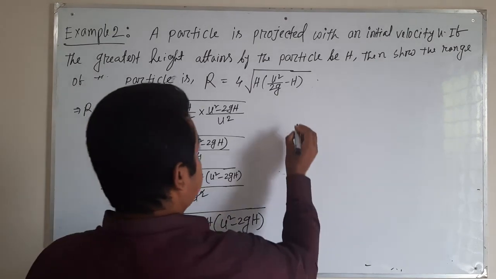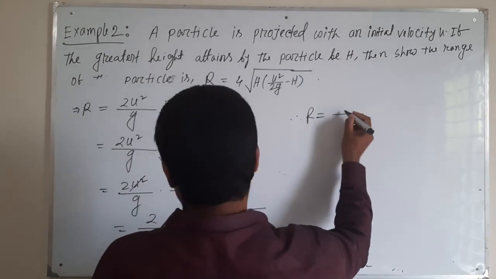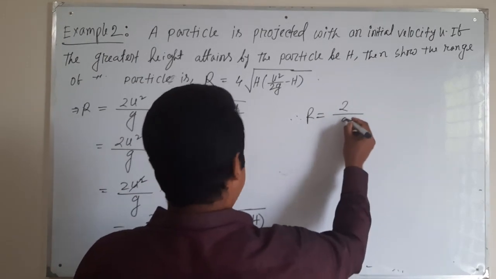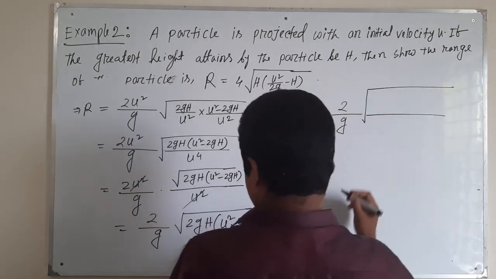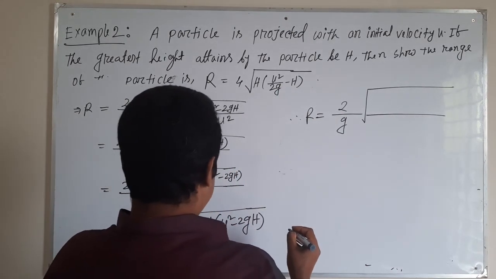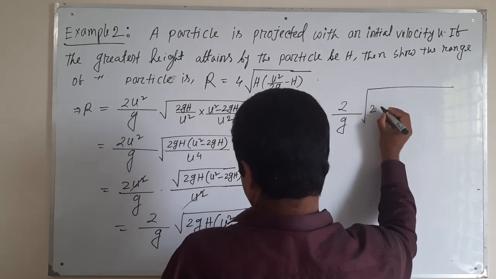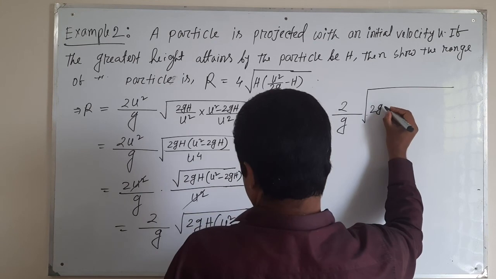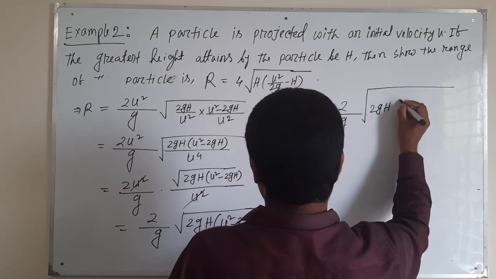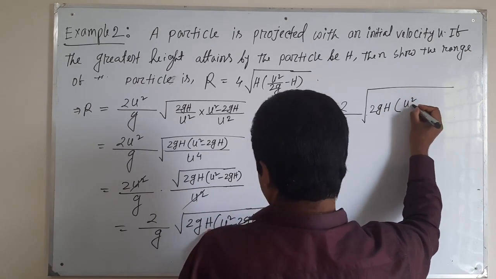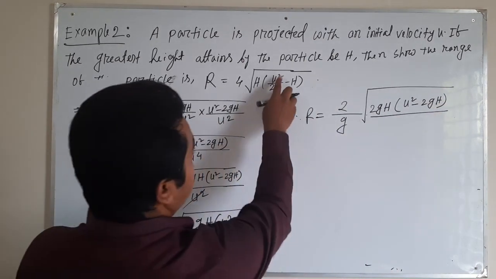Okay, so r is equal to 2 divided by g and root over 2gh into u square minus 2gh. Okay, this is divided by, we need u square divided by 2g.